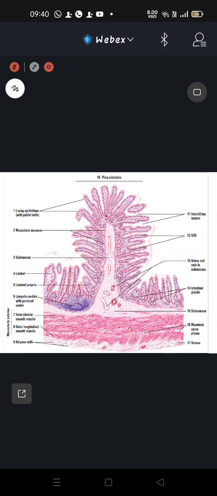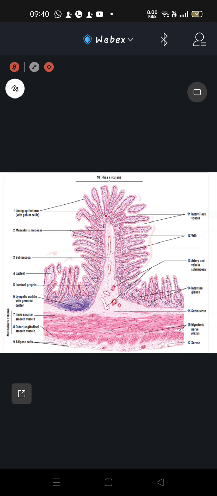Also, you can appreciate this portion of the villi. As you can see, these are the long slender ones, having the lining epithelium, and the core is formed by the lamina propria.